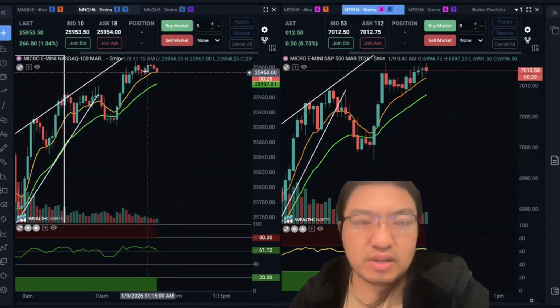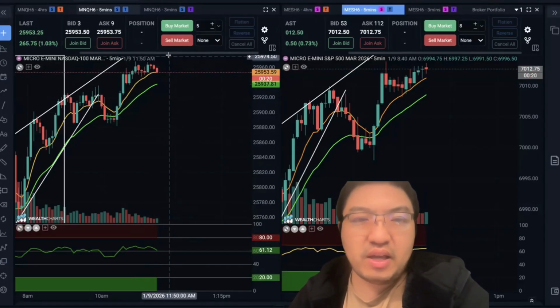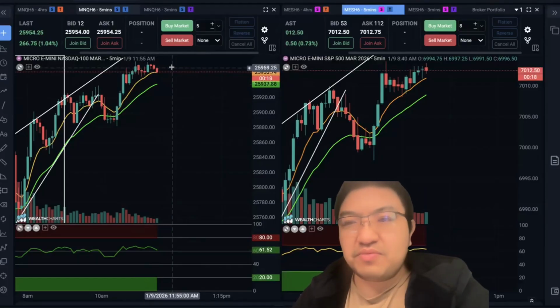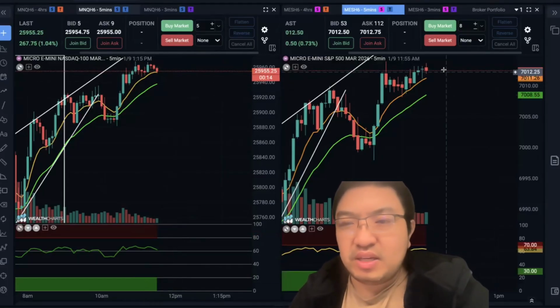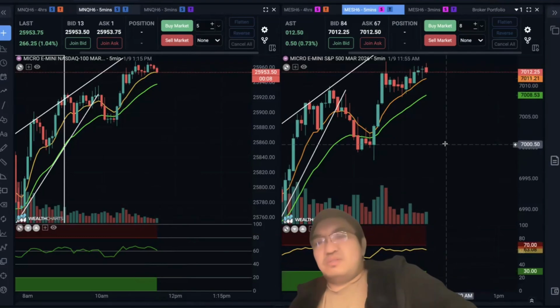Now it just engulfed the previous single candle. The next candle, next 5 minutes, is gonna be engulfed again and continue up. So don't get fooled. And even if it breaks out, it's still higher right here, so we have some space to go short.